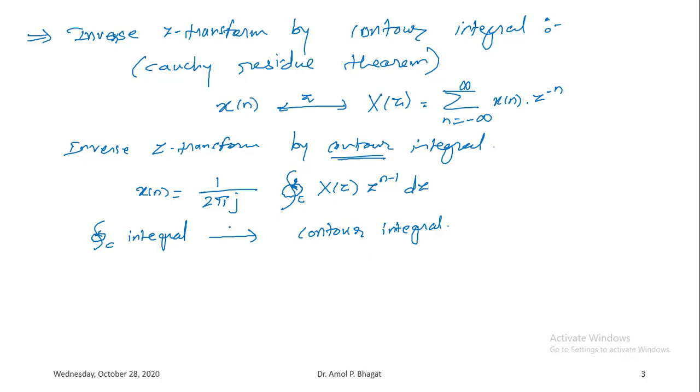So it will be evaluated for the values of z for which X of z is finite, because the ROC only comprises the values of z where X of z is finite. Therefore this contour integral is simply taken over a closed path C that encloses the origin.